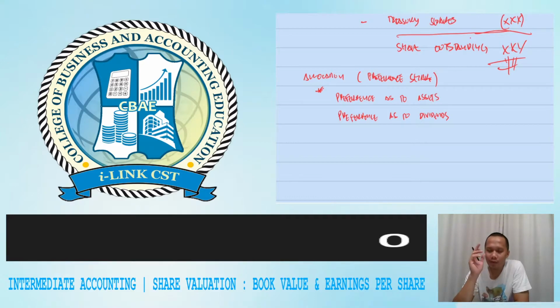Actually, yung main kaibahan talaga dito sa dalawa, because if we are to look at it in hindsight lang, parang wala namang pagkakaiba, kasi yun nga, these particular distinctions only apply to dividends. So, ano pagkakaiba nila, sir? Ganito. Pag preference as to dividends lang siya, class, depende kung ano yung specific nature talaga, like kung participating, cumulative, and so on.